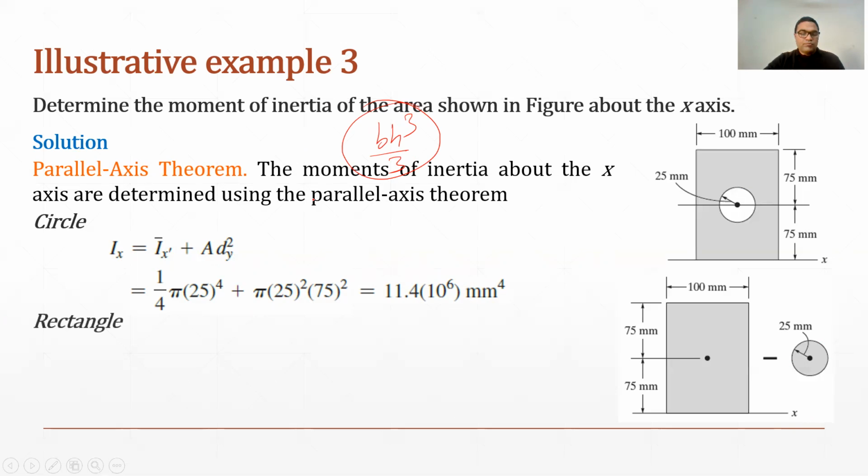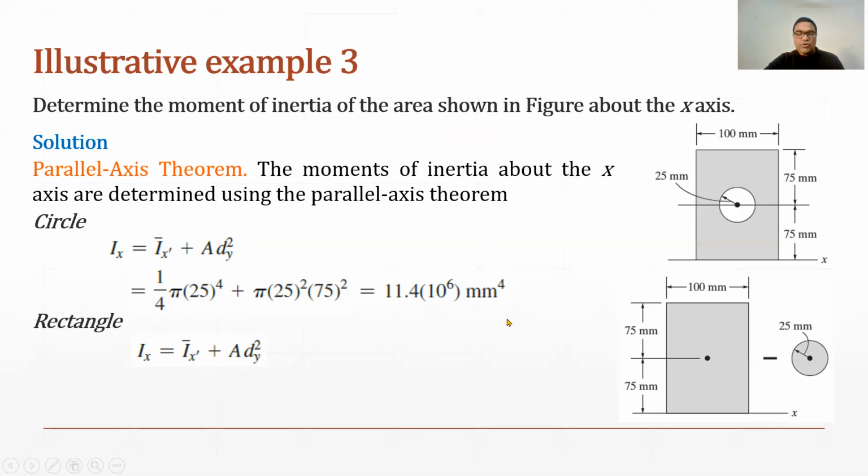So now moment of inertia of rectangle about x-axis can also be calculated by using the parallel axis theorem, and this will actually yield bh cube by 3.